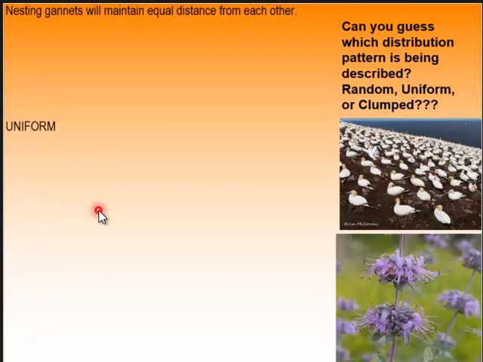So I'm going to show you a bunch of examples here, and I'm going to click through these examples of distribution. You're going to say if the distribution is random, uniform, or clumped. For example, nesting gannets will have an equal distance between them and the other gannets, which is an example of uniform distribution.